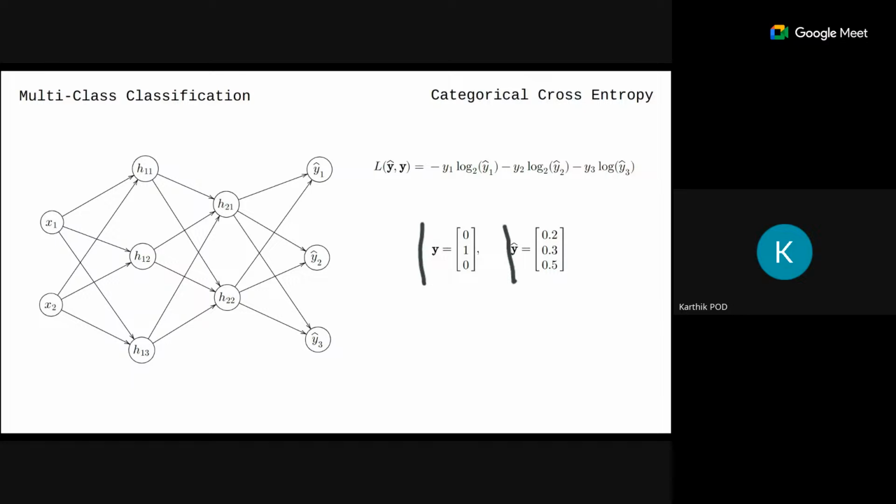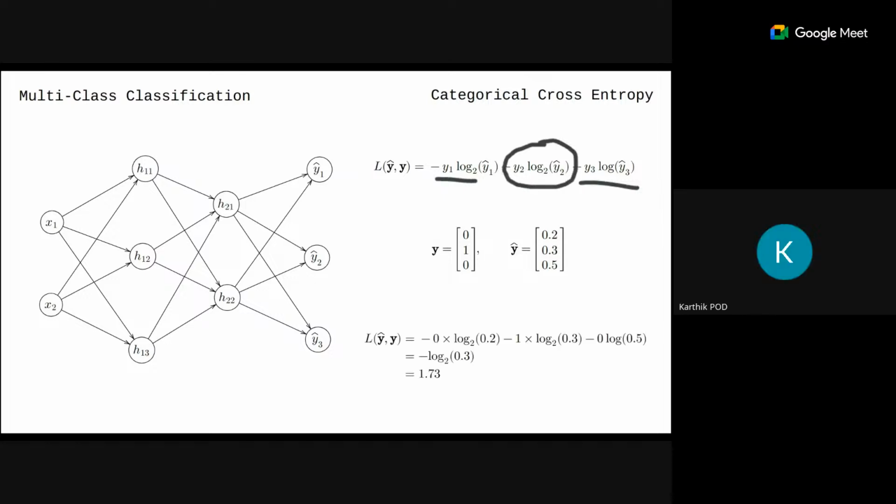It is minus 0 log 0.2, the second one is nonzero, and the third one is 0 times log 0.5. So basically these two will vanish, and only this quantity will stand out.